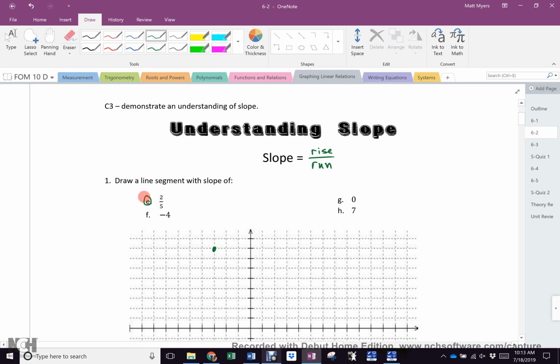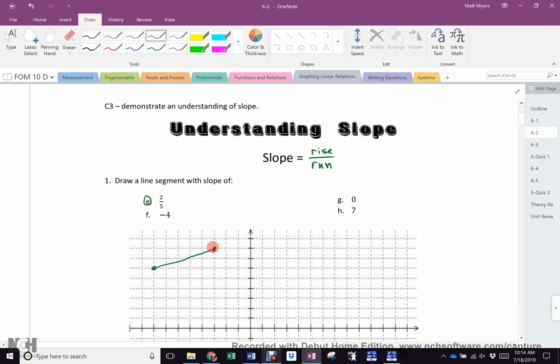But I want to stay in this quadrant if I can. So, can I go up 2 and right 5? No. Can I go down 2 and left 5? Yes. 1, 2, 1, 2, 3, 4, 5. And there is my slope.